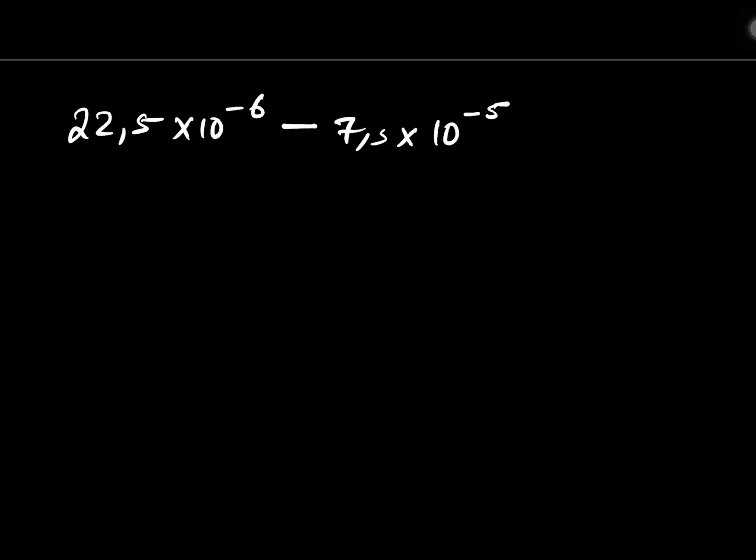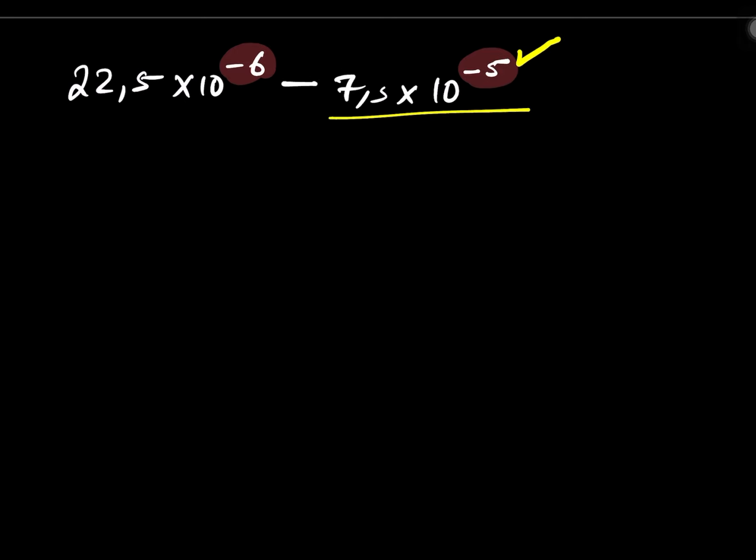Look at this one now. So if you check, the exponents are not the same, but the highest one is negative 5, okay? So I'm going to leave this one and make sure that I change the other one to be of to the power negative 5. Pay attention. You're going to have 10 to the power negative, if you add 1 here, that is going to be 5, okay?